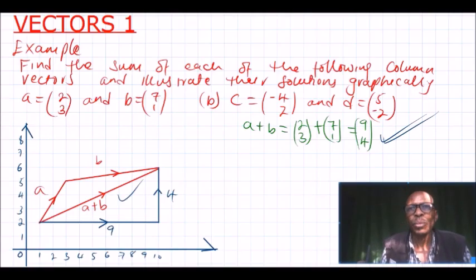From there we go to the other vectors C and D. We can duplicate that so that we retain our first one. So we have the previous one and this.